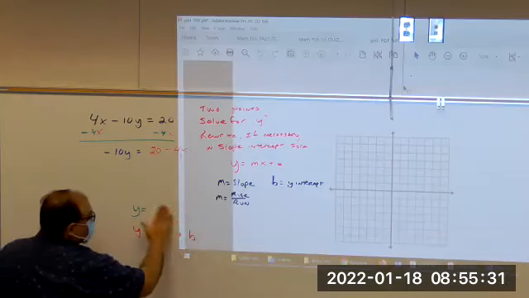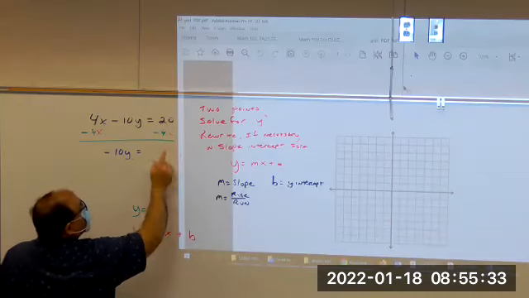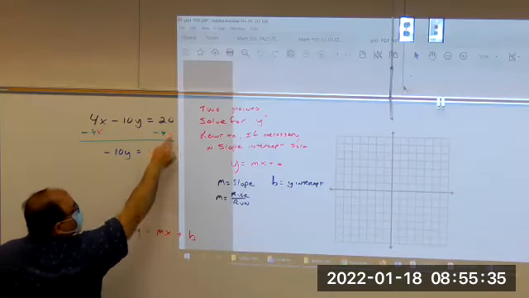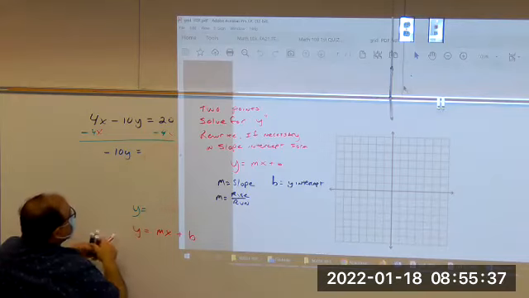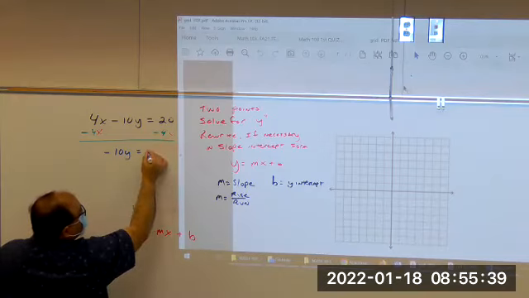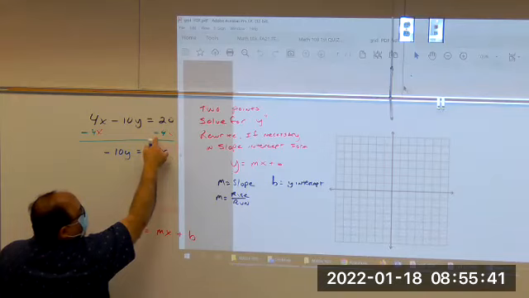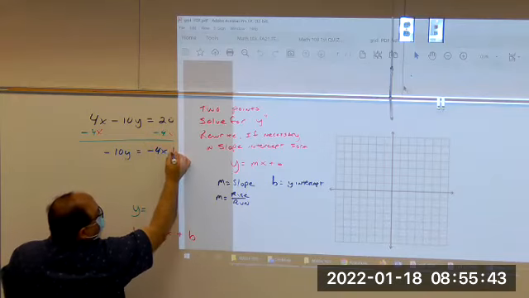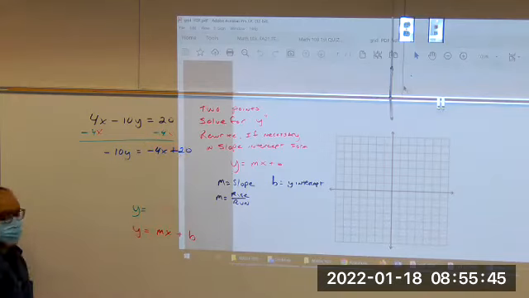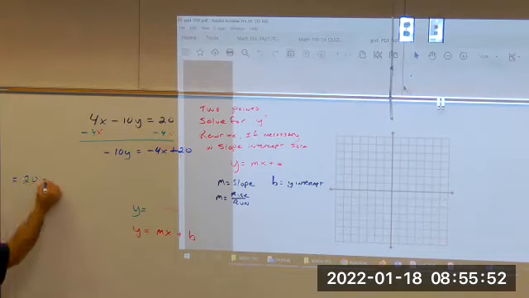So, on this right-hand side, the x should go first. It's a negative 4x. Don't forget the sign. And that's a positive 20, plus 20. Now, can you put 20 minus 4x and then switch it?